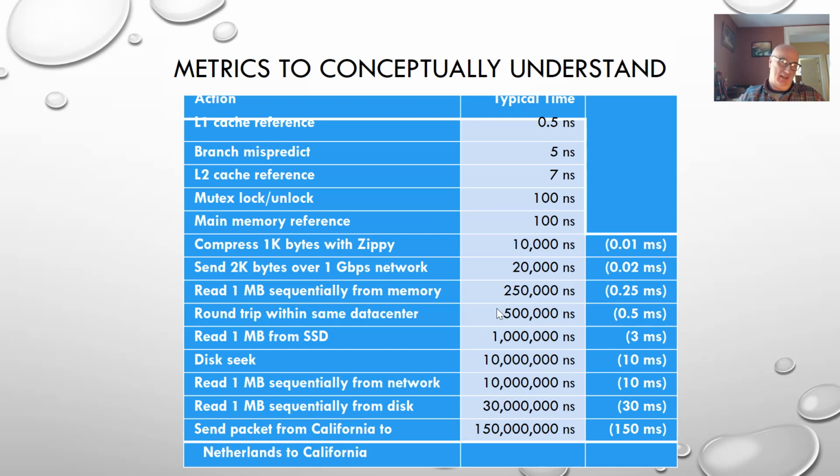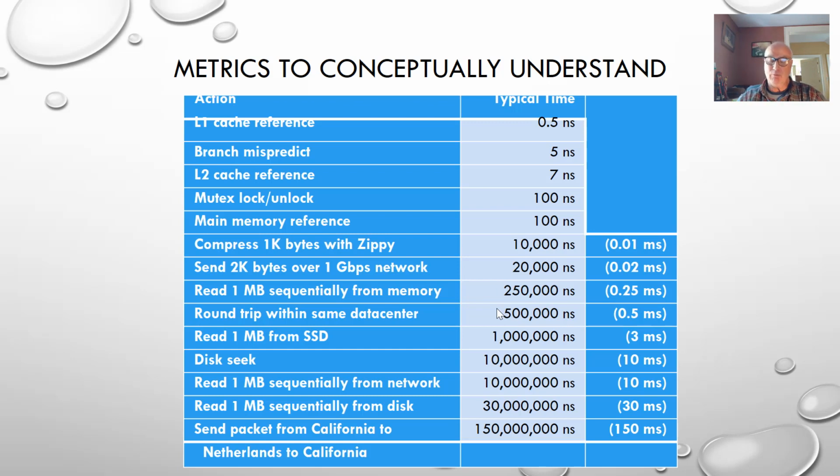And so anytime you need something really fast, can you stick it in the cache? But on the other hand, if you're sending a packet from California to the Netherlands, and Netherlands to California, that's going to be really slow, 150 milliseconds. Well, if that goes back and forth twice, that's 300 milliseconds.